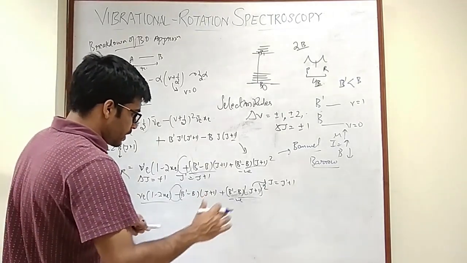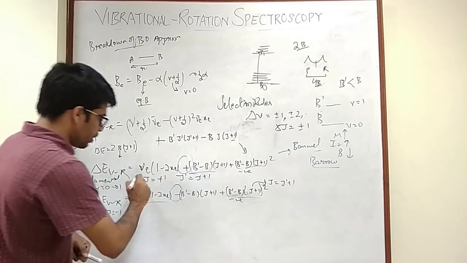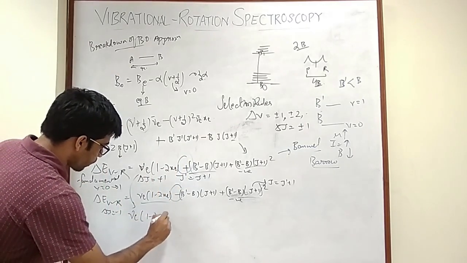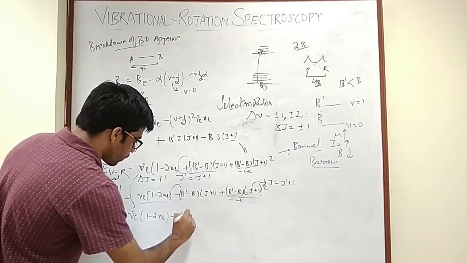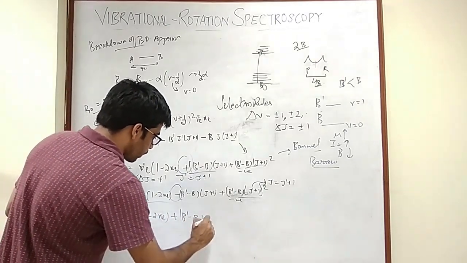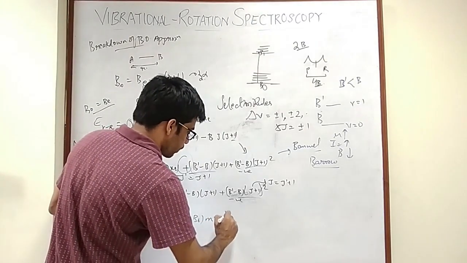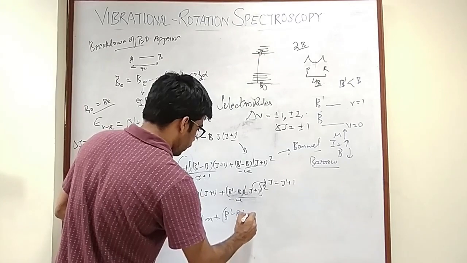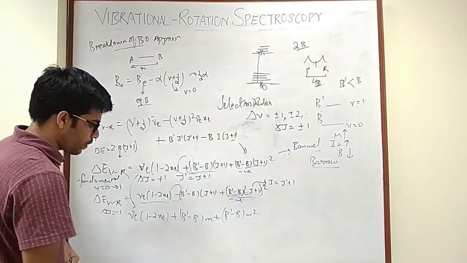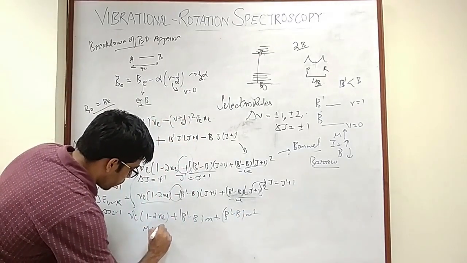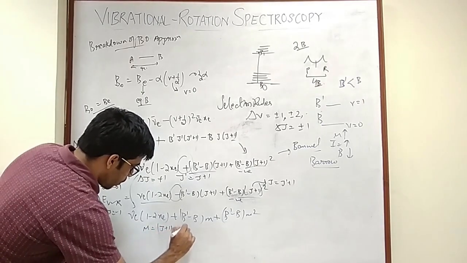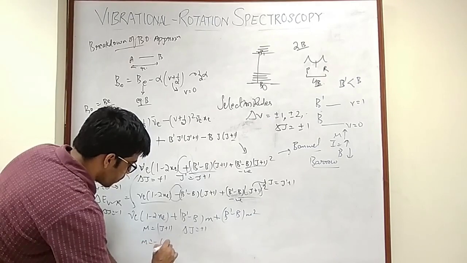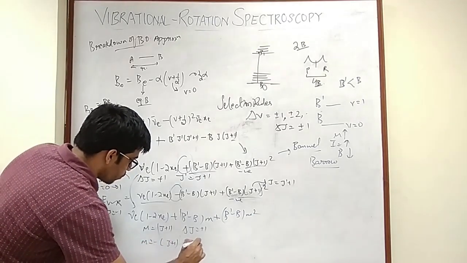Maybe we can simplify this, wherein m equals J plus 1 for delta J equals plus 1, and m equals minus J plus 1 for delta J equals minus 1.